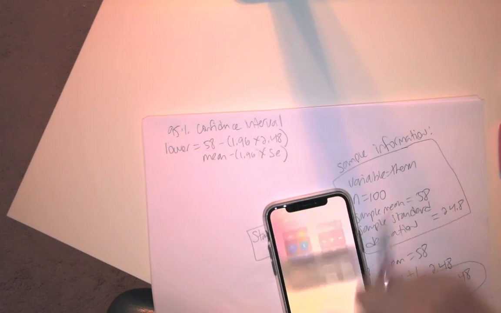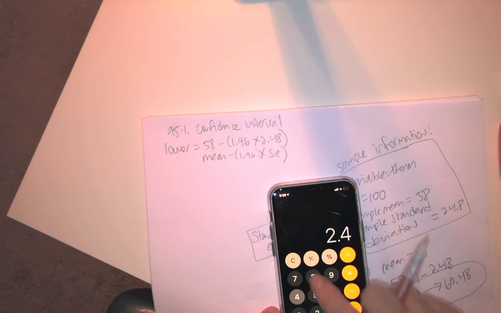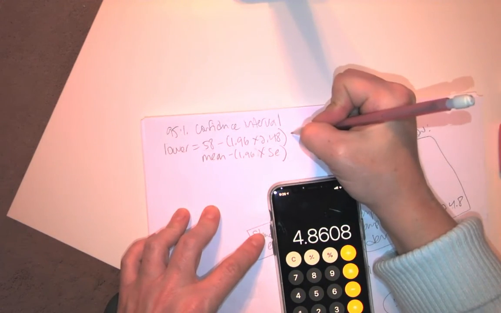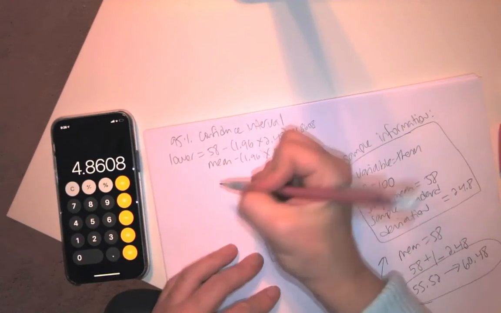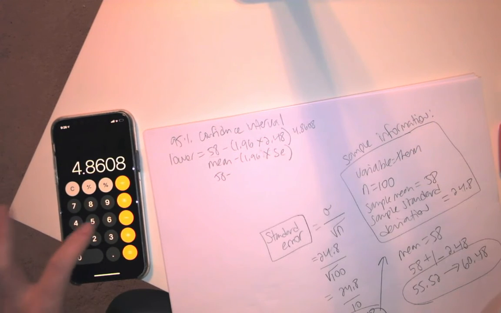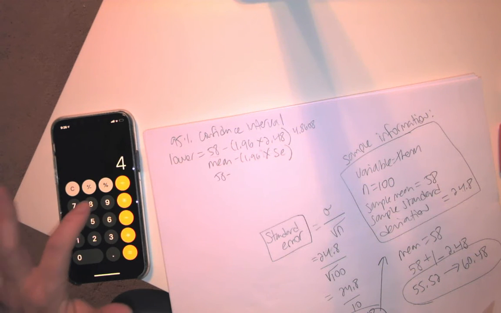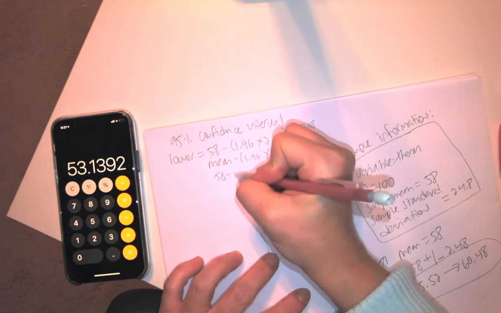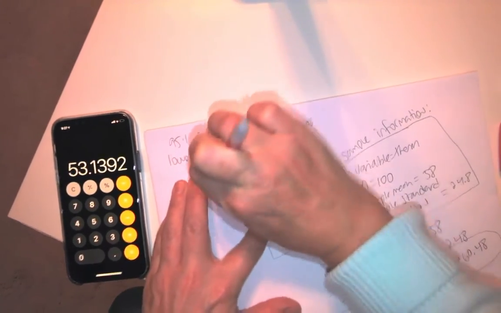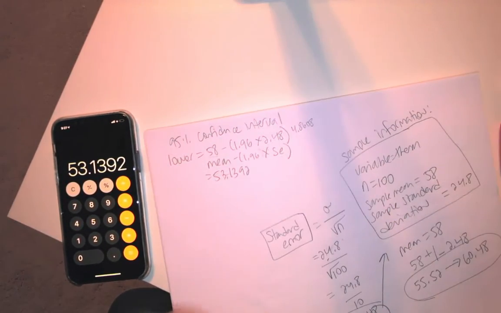So 1.96 times 2.48 is 4.8608. So it's going to be 58 minus 4.8608, which equals 53.1392.